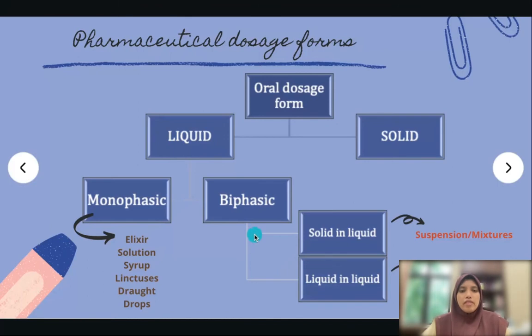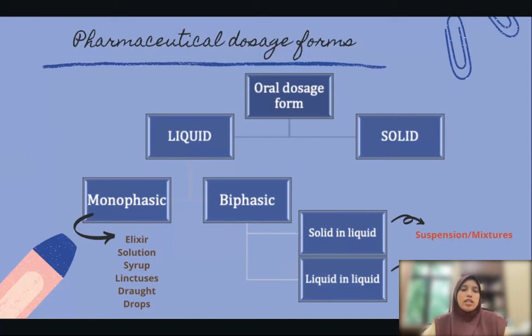So for biphasic, it means that the preparation has two phases. For solid and liquid, it will be, as an example, suspension or mixture, because the solid that is not soluble in the carrier will contribute as the second phase in the preparation.